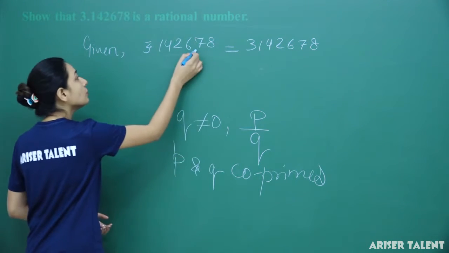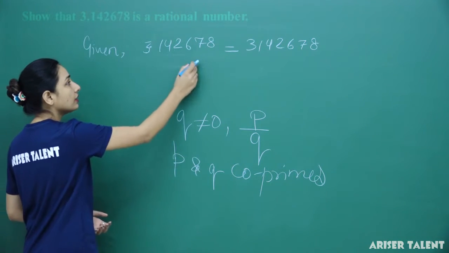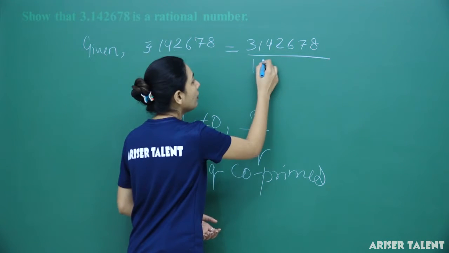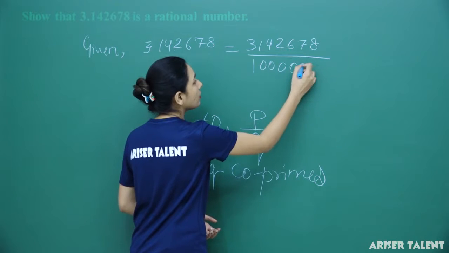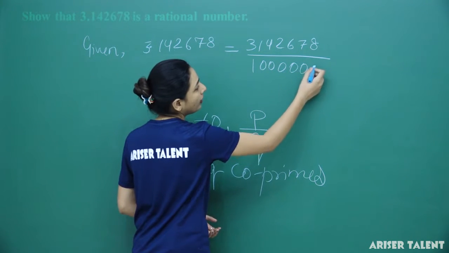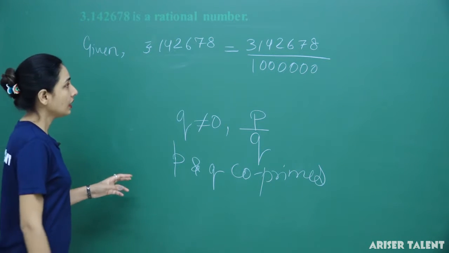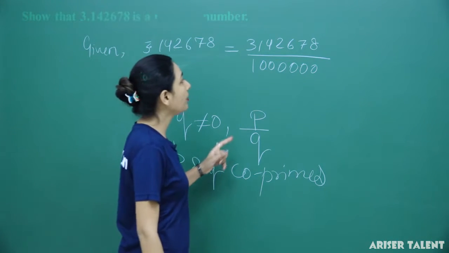How many digits after the decimal? 1 2 3 4 5 6. So 6 digits are here, so I will remove the decimal and put 6 zeros in the denominator, 1 2 3 4 5 6, isn't it? So now it is in the format p by q.